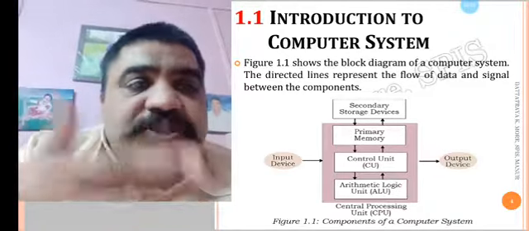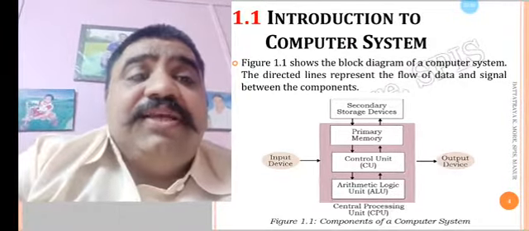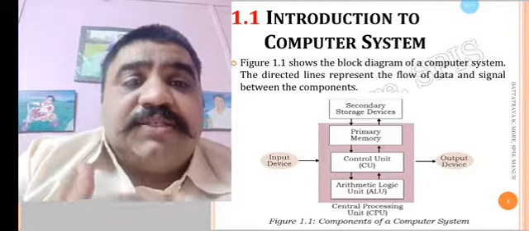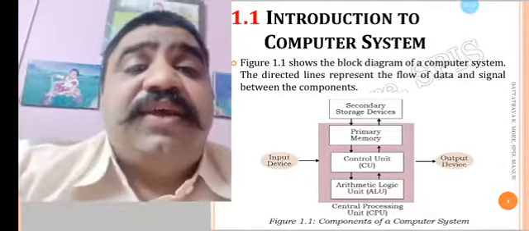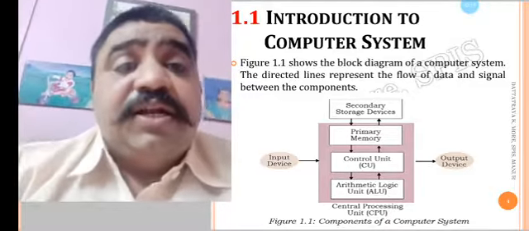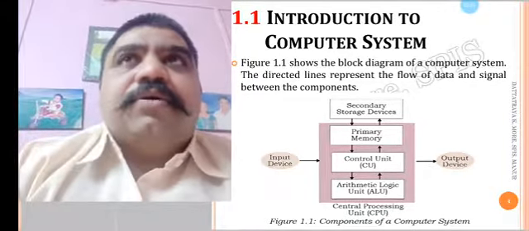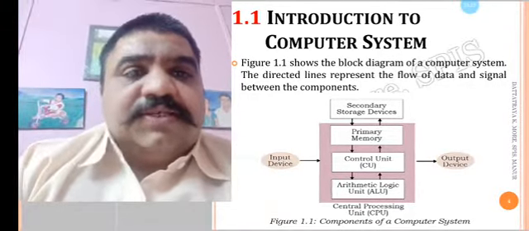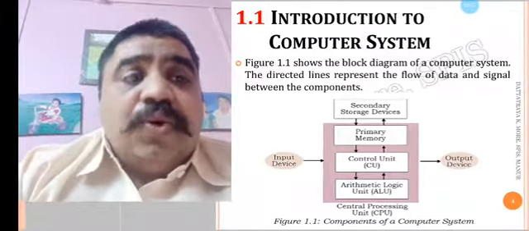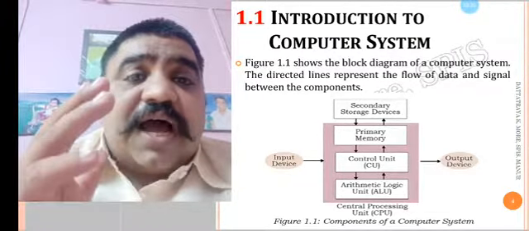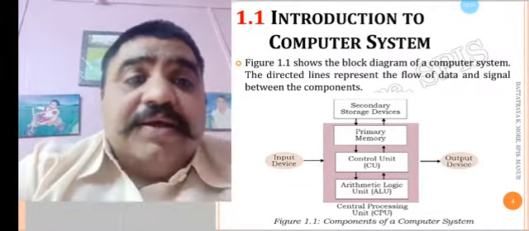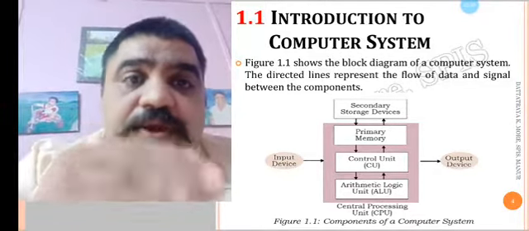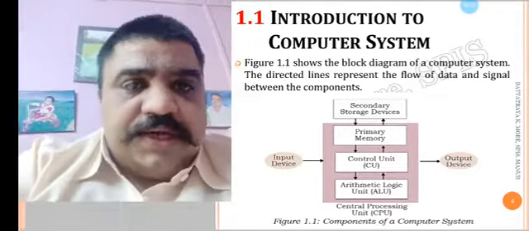In addition, there are secondary storage devices. When we are going to save some data, some work, it is saved in these secondary devices, like hard disks, floppy, CD, pen drive, memory card. Many devices come under that category. Let us move ahead to see how exactly this system works, or how the data flows from one device to another device.